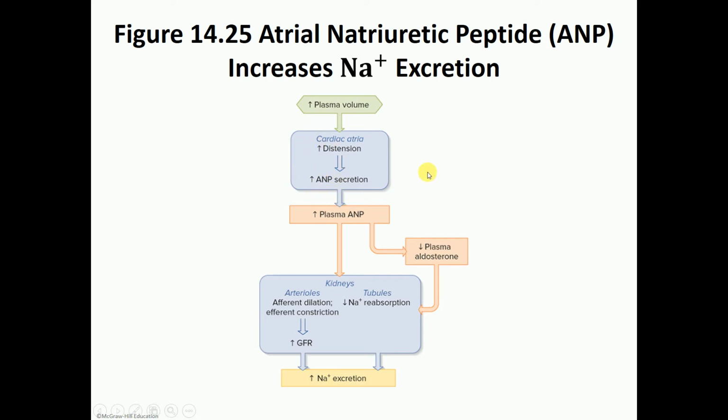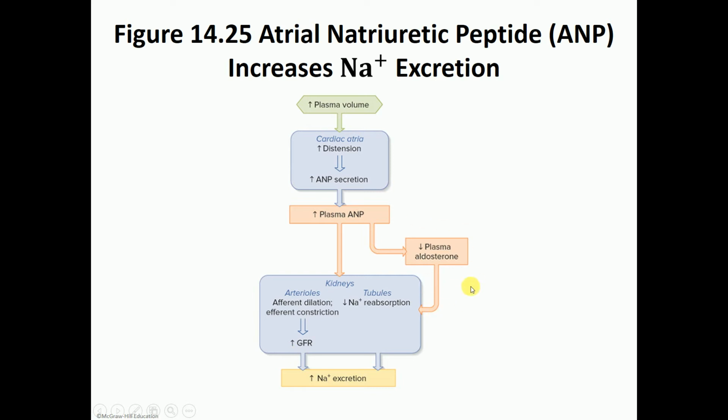When ANP increases in the bloodstream, it reaches the kidneys that have receptors for it, and in the kidneys, it will lead to the dilation of the afferent arterioles and constriction of the efferent arterioles. Remember that in this scenario, that is going to increase the hydrostatic pressure in the glomerular capillaries, and that is reflected as an increase in glomerular filtration rate.